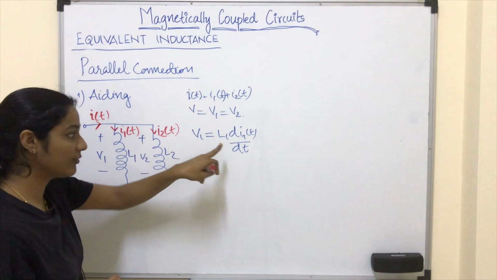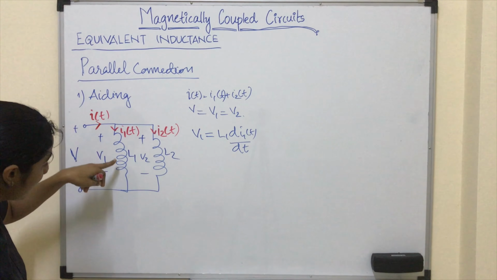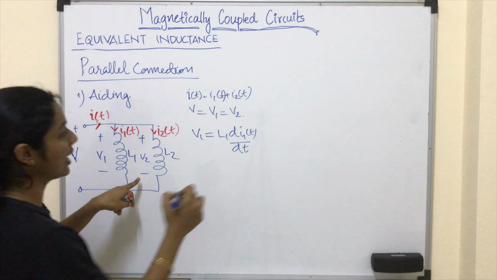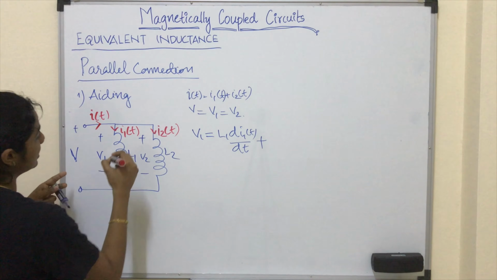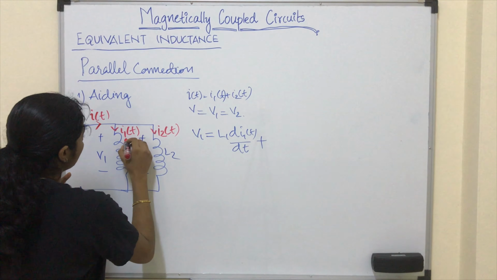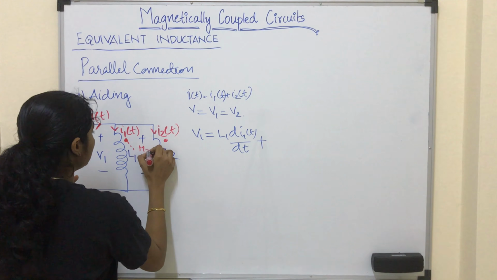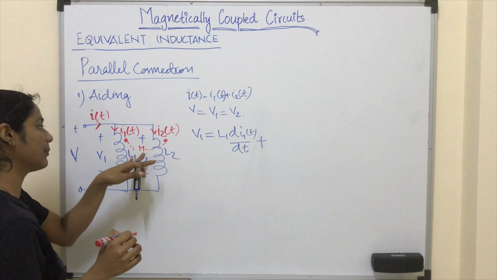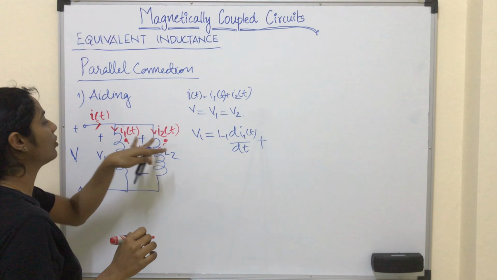Self-induced EMF is contributed by the current which is passing through the same coil, and there is also a mutual inductance M associated between these two coils, as there is a coupling between them, and since it is aiding in nature, we consider the dot on the entering side of both the coils.